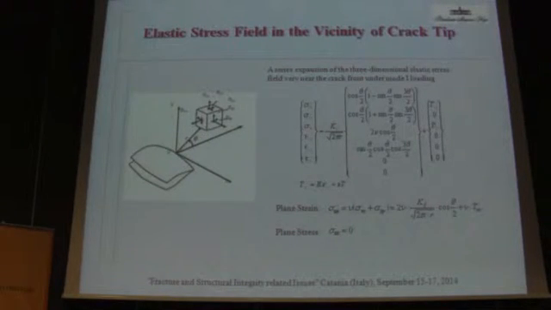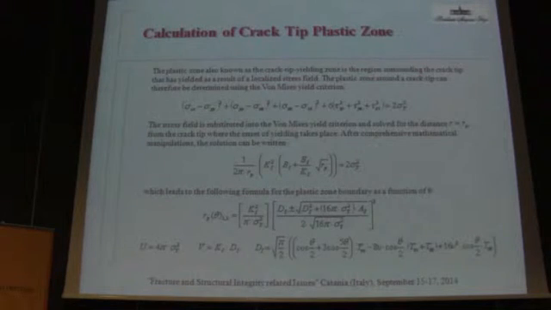So now we would like to try to create some models to calculate plastic zone size ahead of the crack tip, taking into account the von Mises criterion and in-plane and out-of-plane constraint parameters.